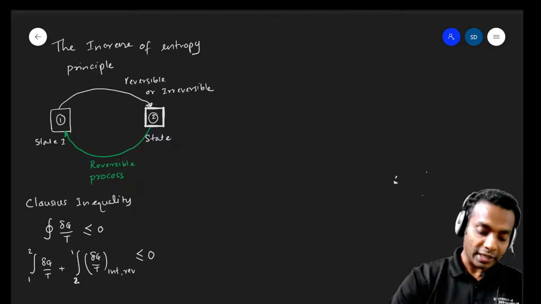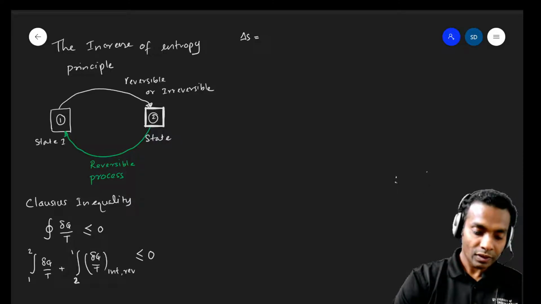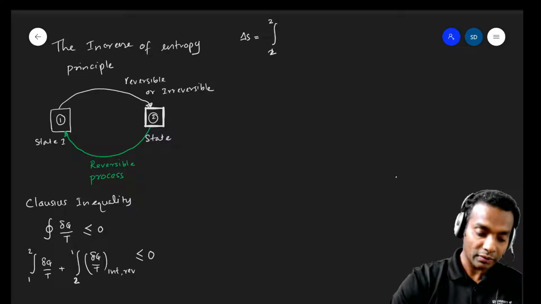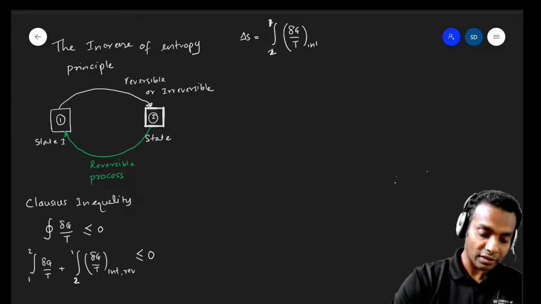We also learned that the change of entropy, delta S, is equal to the integral 1 to 2, sorry, in this case 2 to 1, of delta Q over T if the process is internally reversible.